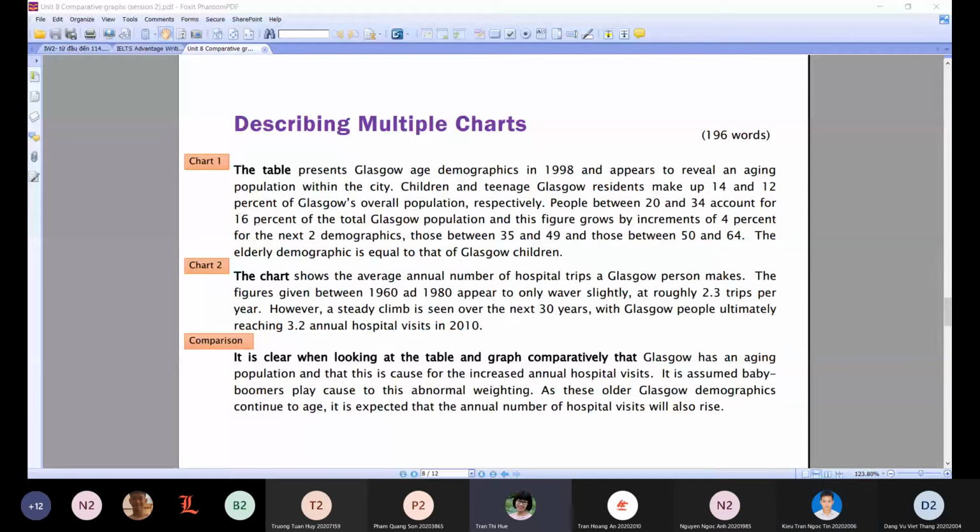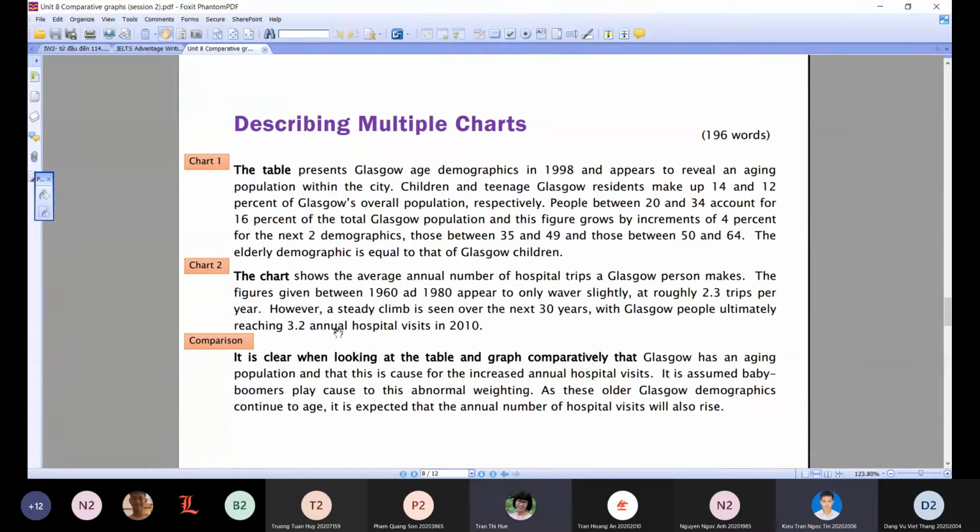Okay, can you analyze the first paragraph? The first paragraph. Analyze, you mean have a summary of the first paragraph?